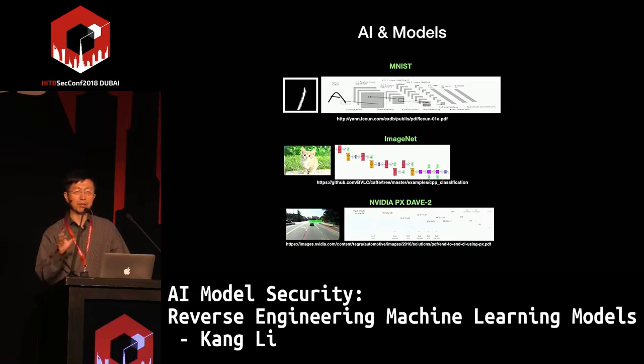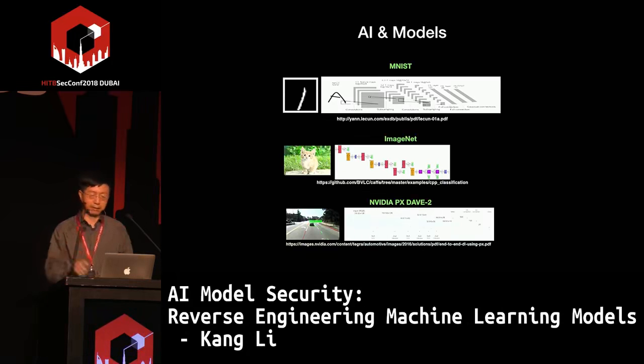And usually when you talk about this application, you see that picture in the middle. Really, it's like a layered network. The middle one is the ImageNet one, the Caffe example that takes an image and recognizes what's in it. Same thing, there are layers. And the last one is the Dave 2 self-driving example, open source released by NVIDIA.